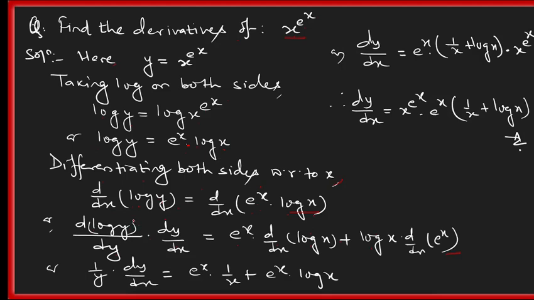In that pattern we have expanded, and the derivative of log y is 1 by y dy by dx equals e to the power x no change, log x derivative 1 by x, plus e to the power x log x as it is.